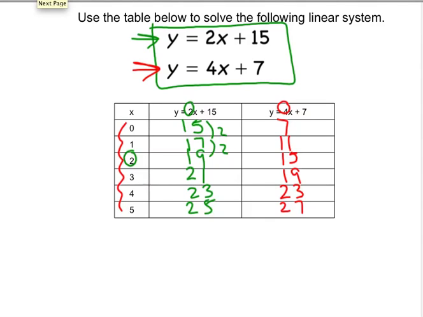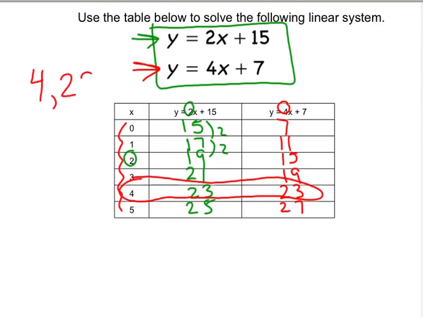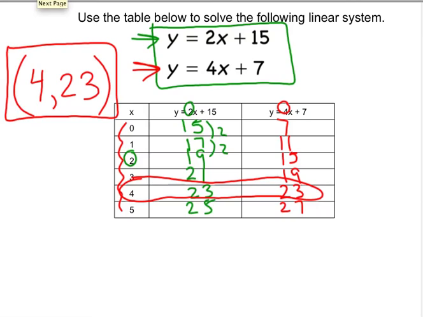So remember, there's an infinite number of points that solve the second equation, and an infinite number of points that solve the first equation. But what we're trying to do is find that one single point that solves both equations. And that is, if you just look at this row, when I plug in 4, I get 23 for both equations. So the point (4, 23) we call the solution to our linear system.